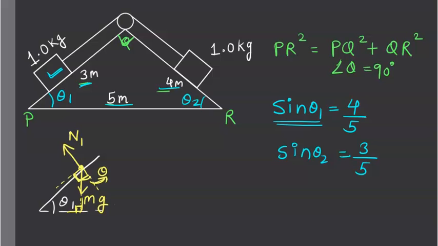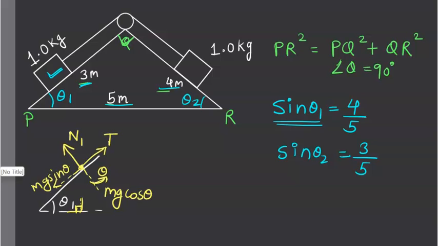So this is theta. Here the components will be mg cos theta, and another component mg sin theta, and the tension force is there, of course.